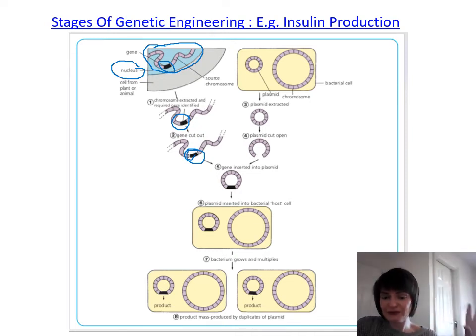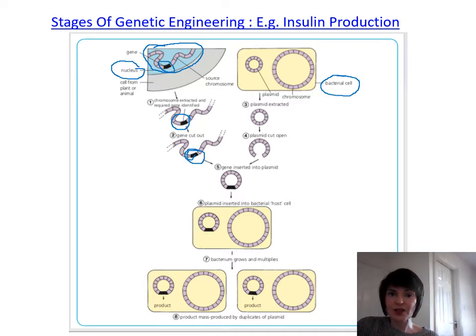So that's the human or animal side of things, where we're taking genetic information from that organism, the human for instance, and we want to put it into another organism. In this case, we are looking at bacteria.